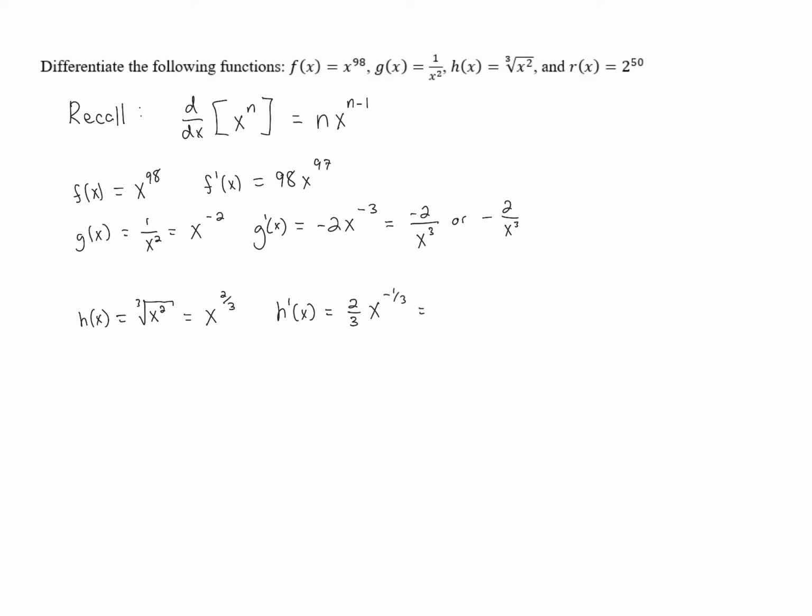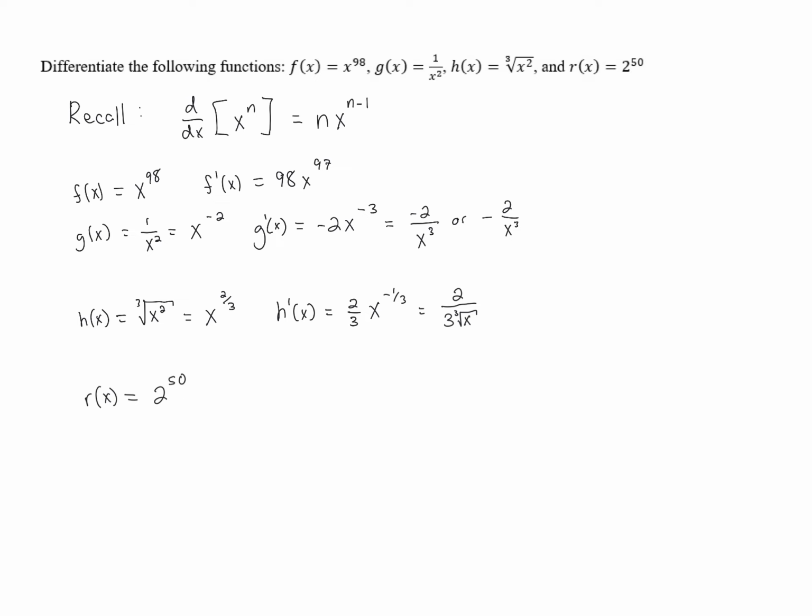We could also write this as 2 over 3 times the cube root of x, because the negative exponent brings that to the denominator, and a cube root is the same as a 1/3 power. So we're good there.